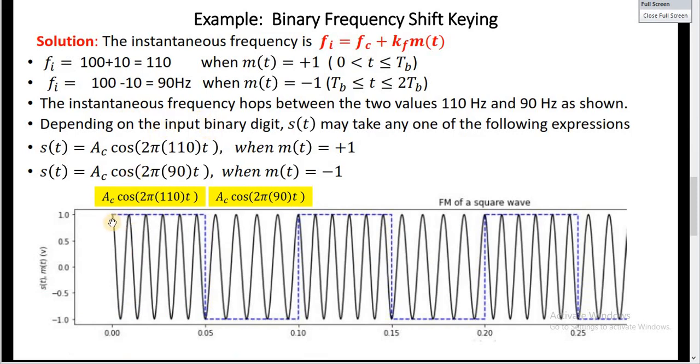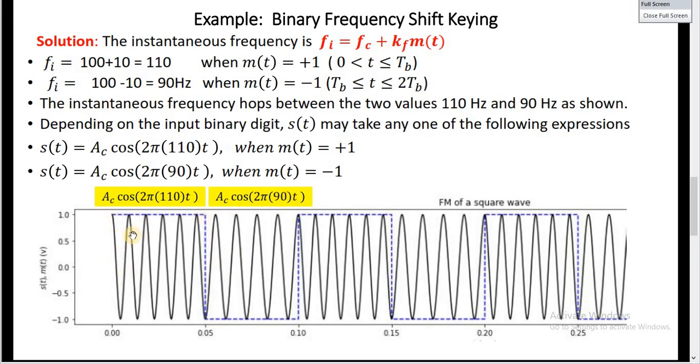Now we said a moment ago that for t between 0 and TB, when the message is +1, the frequency is 110 Hertz, and when the message is -1, we transmit a signal with carrier frequency 90 Hertz.